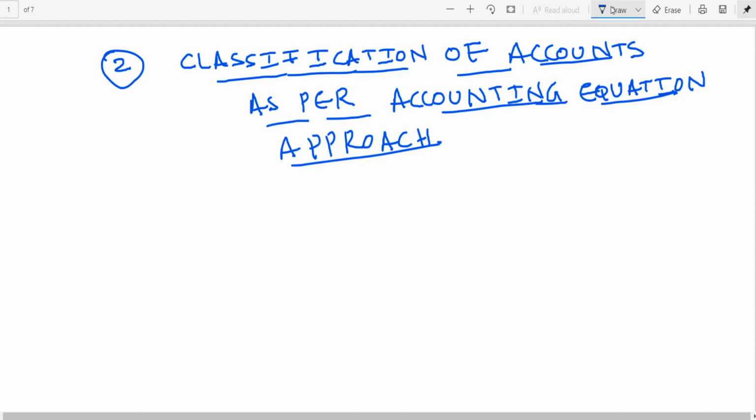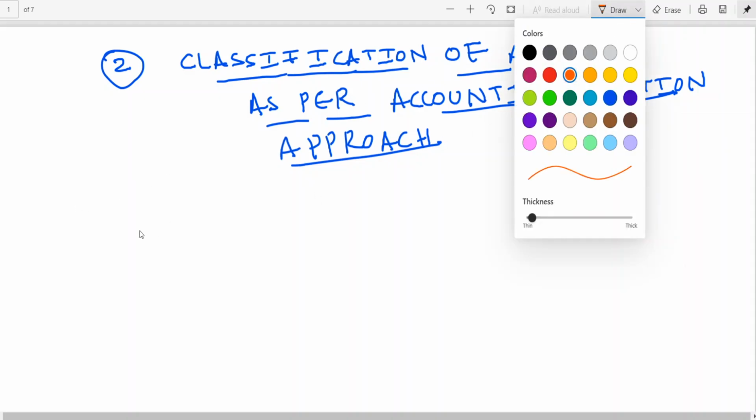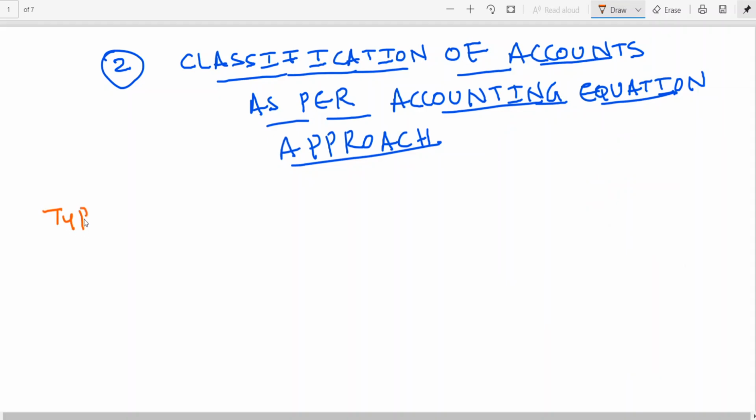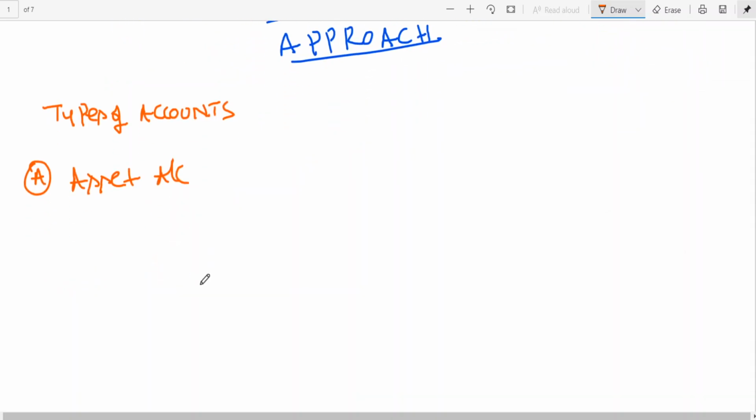We are having five types of accounts. First type, A, asset account. B, liabilities account.